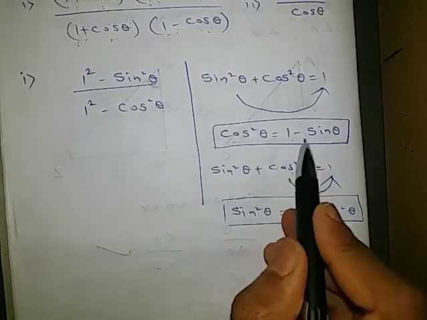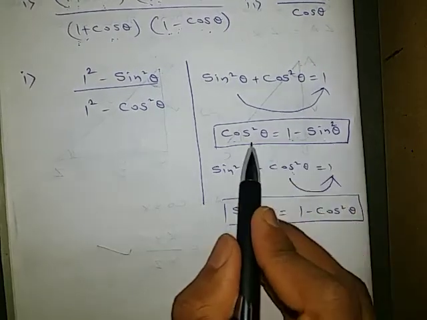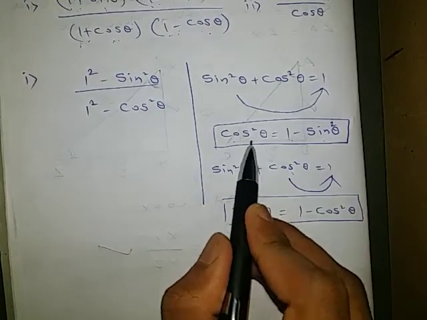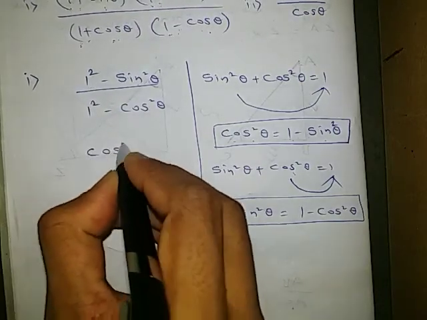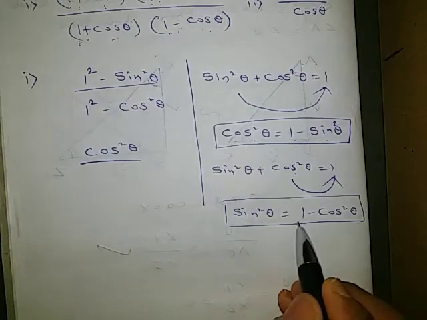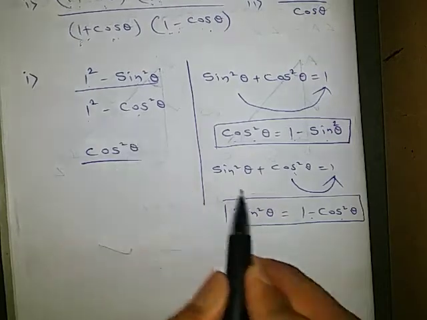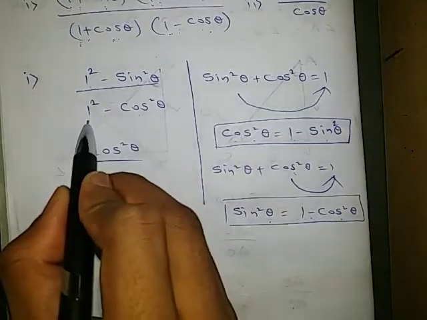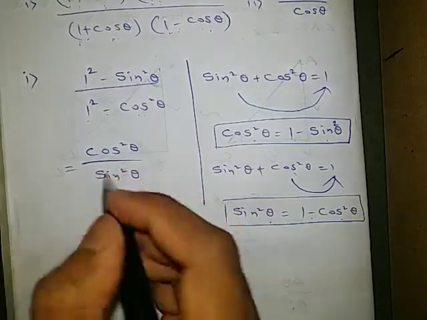So 1 minus sin square theta is nothing but cos square theta. In the place of 1 minus sin square theta, I will write cos square theta, divided by 1 minus cos square theta. 1 minus cos square theta is nothing but sin square theta, so in its place I am writing sin square theta.